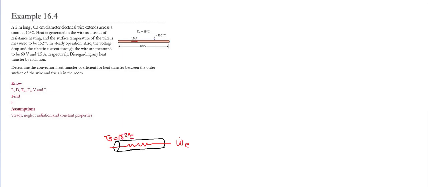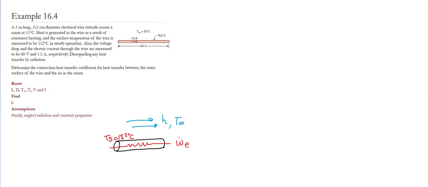All right. So this electrical power is maintained in such a way that the surface of the wire exposed to the air remains constant. Then we have air that goes across over the wire, and that air produces a certain heat transfer coefficient, and we have a room that is maintained at a certain temperature.